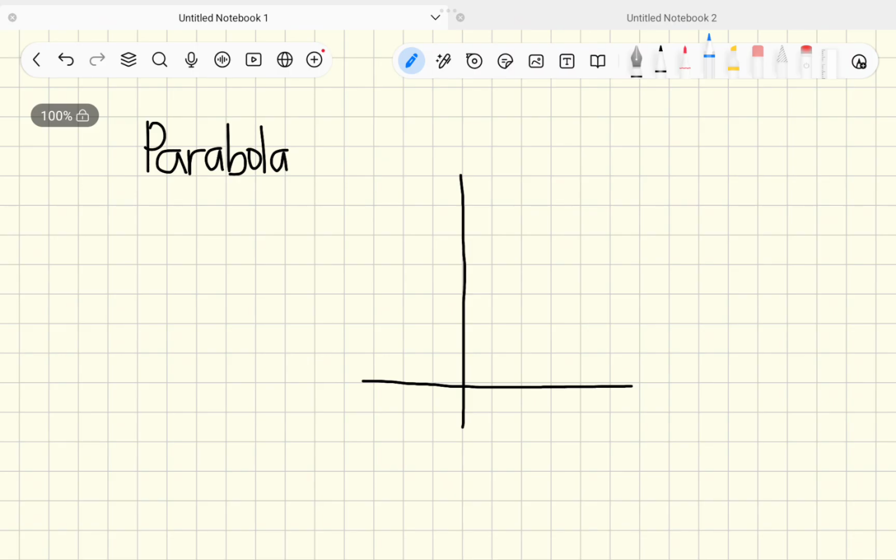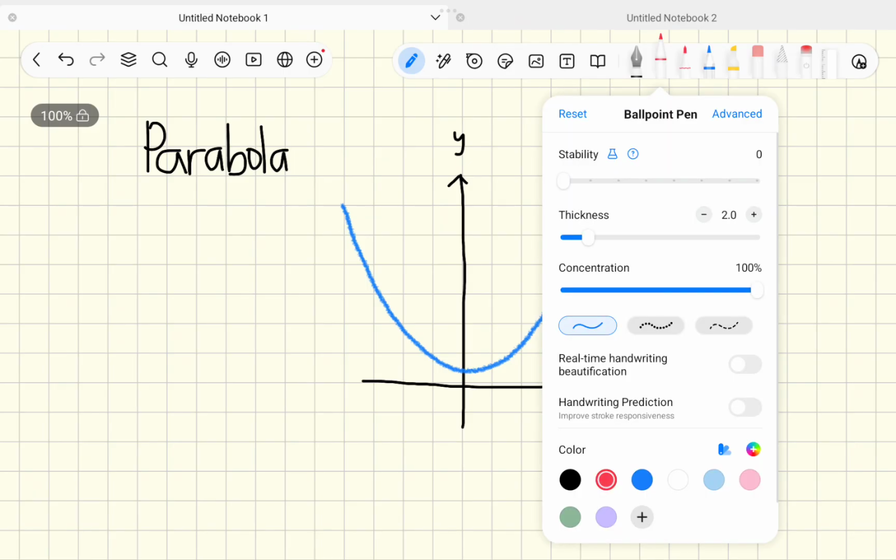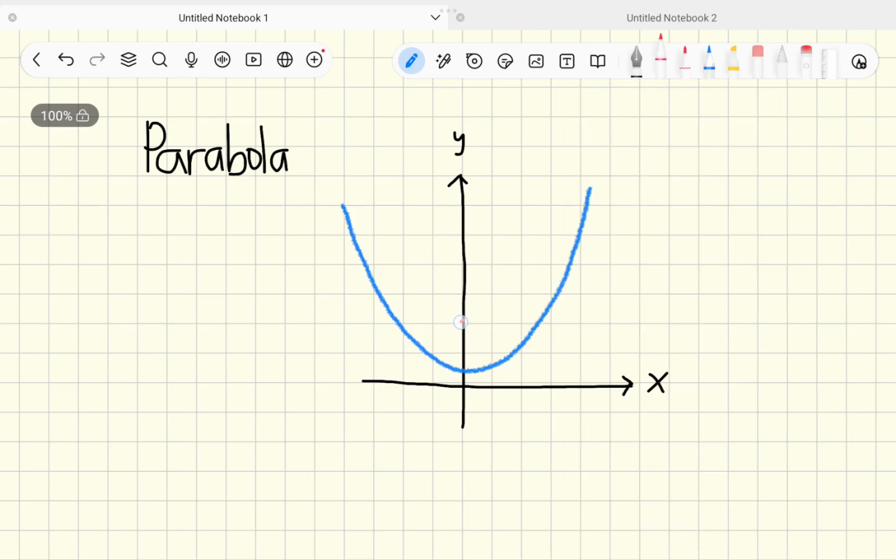Suppose your parabola is this curve facing upward. This is y, this is x. You have a fixed point somewhere here.